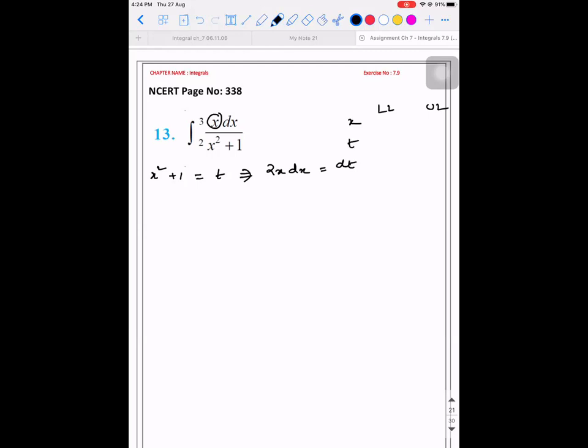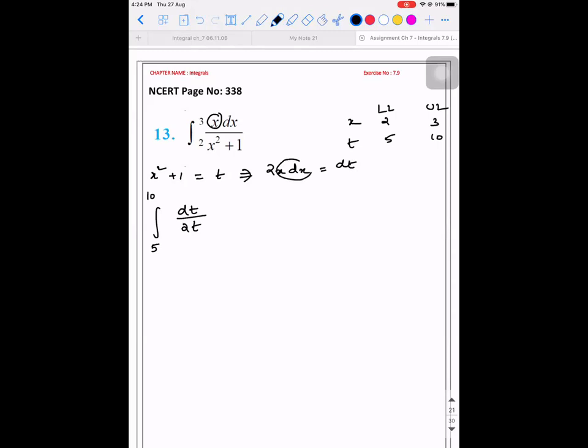x and t. When the value of x is 2, what will be the value of t? When the value of x is 2, the value of t is 5. Upper limit, when the value of x is 3, it will be 10. So integral of 5 to 10 dt divided by 2t. Why did I write 2t in the denominator?